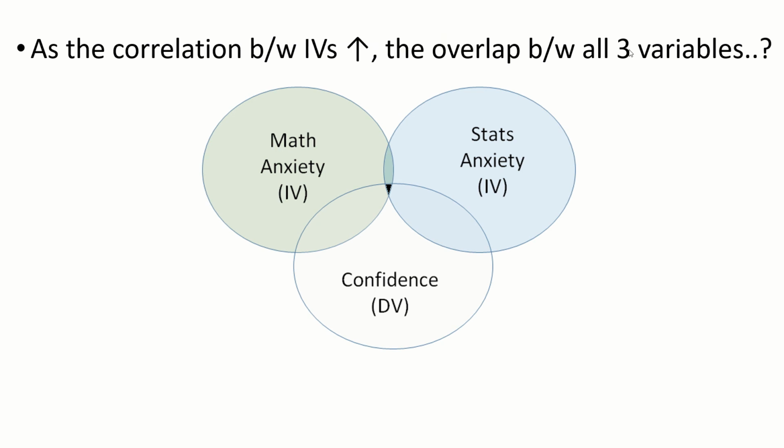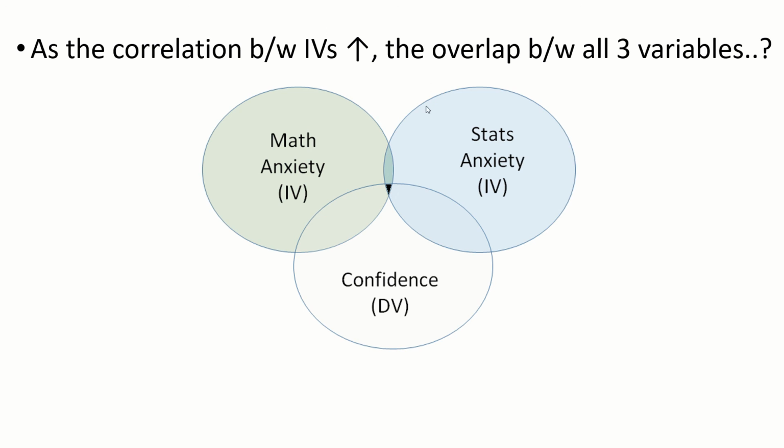So hopefully this will click in your head. As the correlation between the independent variables increases, what's going to happen to the overlap between all three variables? What's going to happen to the black portion in the diagrams? In this hypothetical Venn diagram, the relationship between math anxiety and stats anxiety is very weak, so the shared overlap between all three variables is going to be quite small.